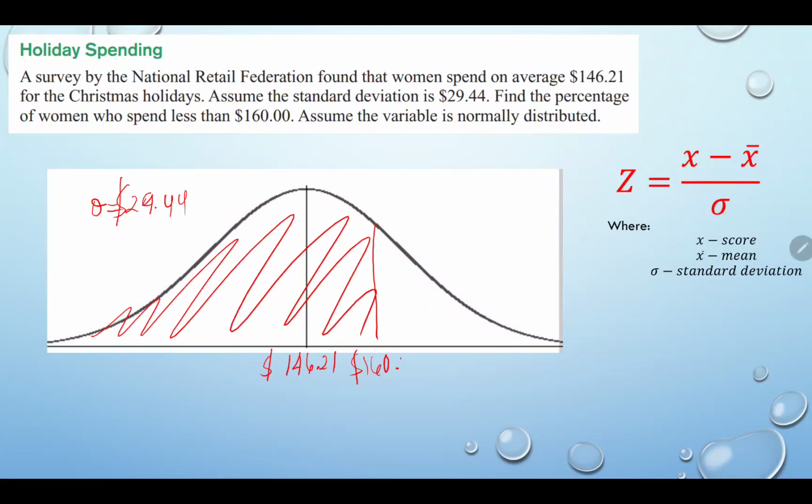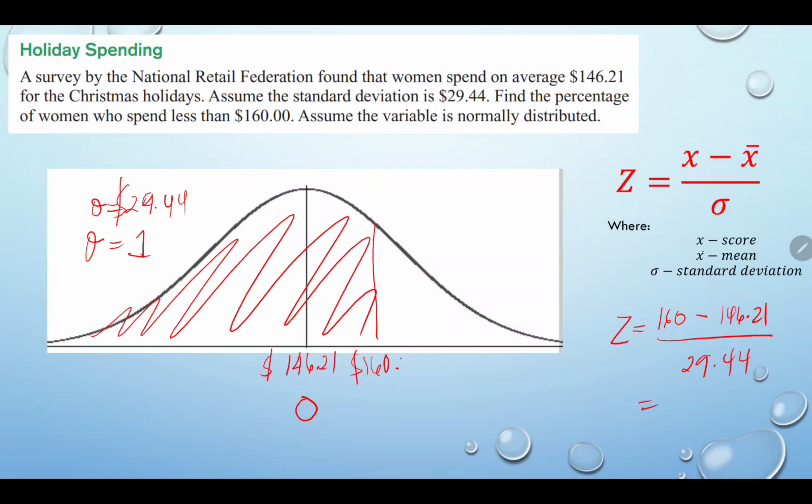We know that our 146 will become 0. The standard deviation will become 1. Now, the question is this 160. We have to transform it into a z-score. So that will be 160 minus the mean of 146.21 divided by 29.44.